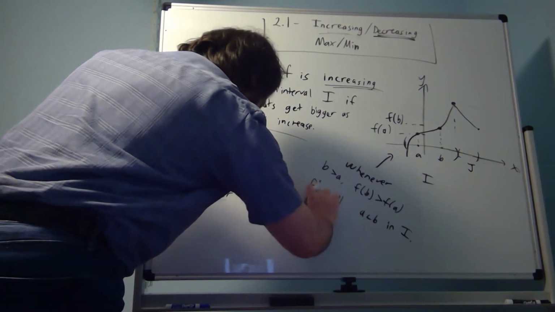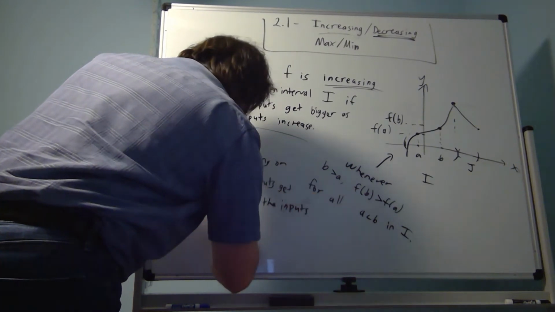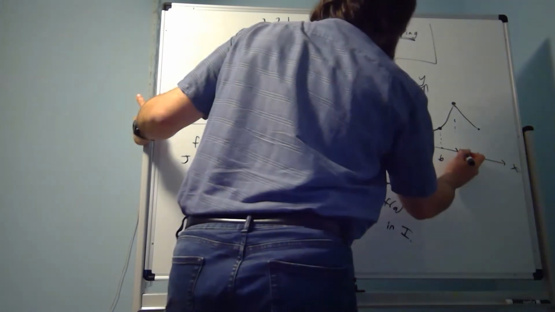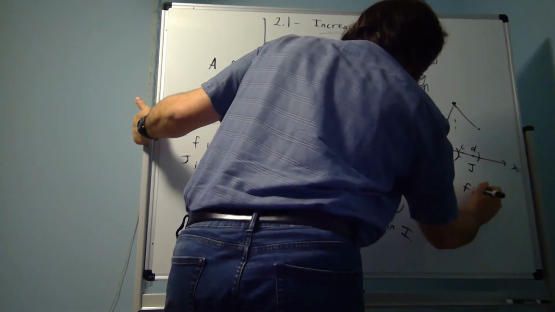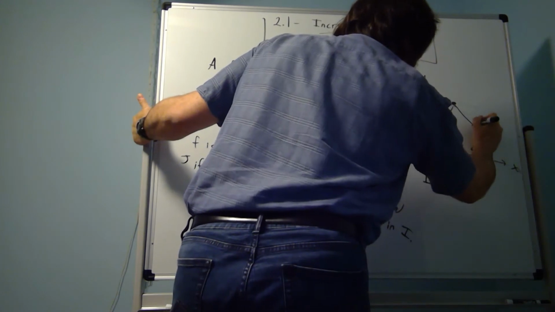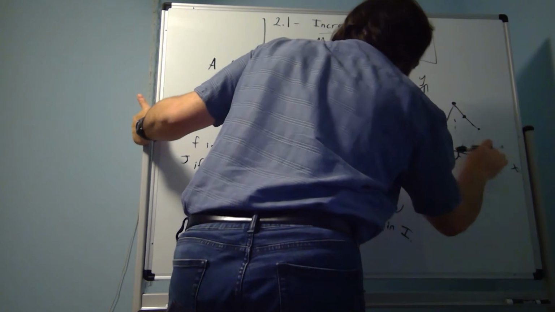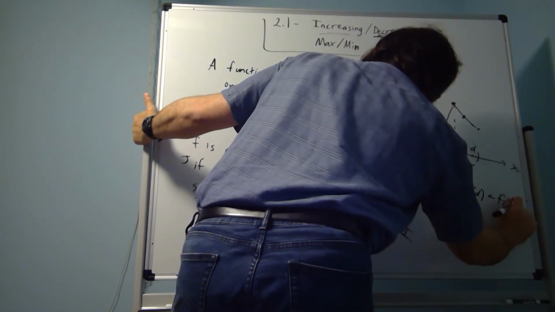Forgot the n in input. Okay. So if we have two inputs C and D, then f of the later one, you go forward in time, you have got less because you're decreasing.